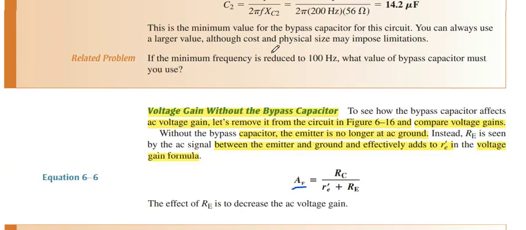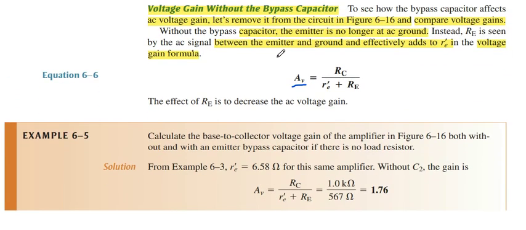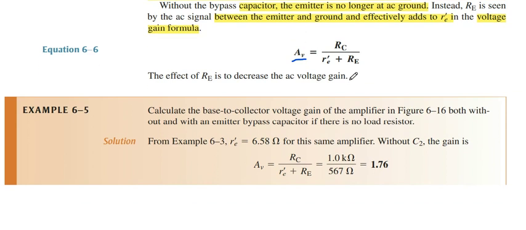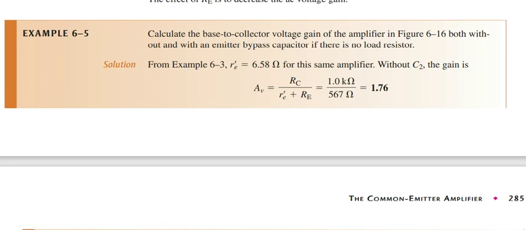So we get the result more accurately if we use the bypass capacitor. If we do not use bypass capacitor, then our voltage gain drops. There it gives the example.